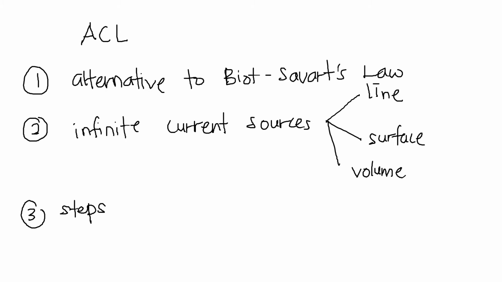The step to solve the ACL is quite similar to the Gauss law. So this is the information about the ACL, where it is alternative to the Biot-Savart law, and we can apply the ACL to solve the infinite current sources, and the step to solve the ACL is quite similar to the Gauss law.